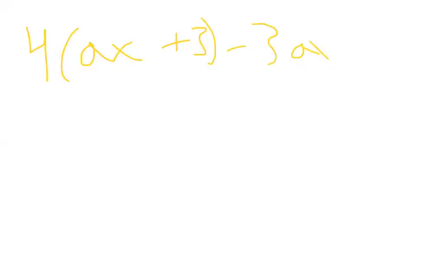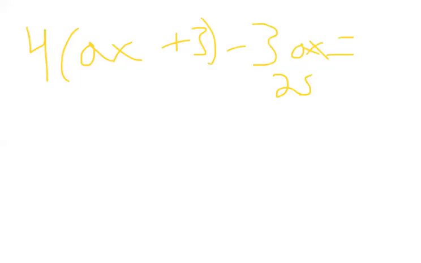Okay, let's do this. You have 4 times (ax plus 3) minus 3ax equals 25 plus 3a, where you don't know a, but your goal is ultimately to solve for x in terms of a. We don't know a, but we can leave it in our answer, so that's fine. It's just a lot of manipulation.